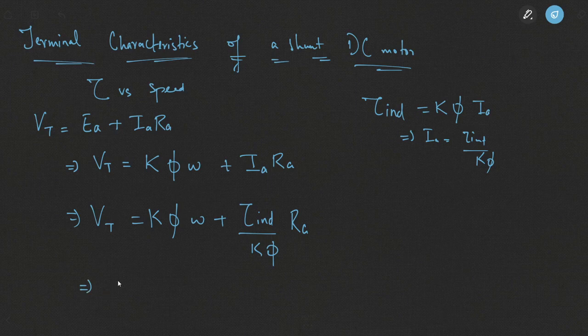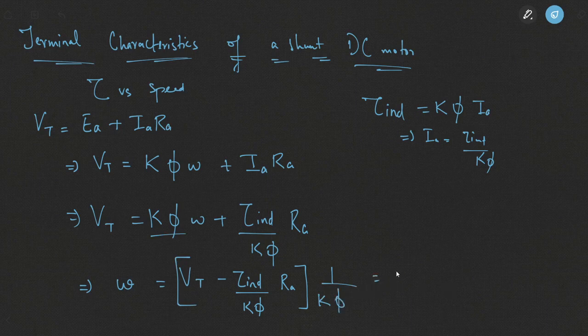Omega is equal to Vt minus torque induced divided by k phi into Ra, and with omega there was also k phi, so we divide all this by k phi.